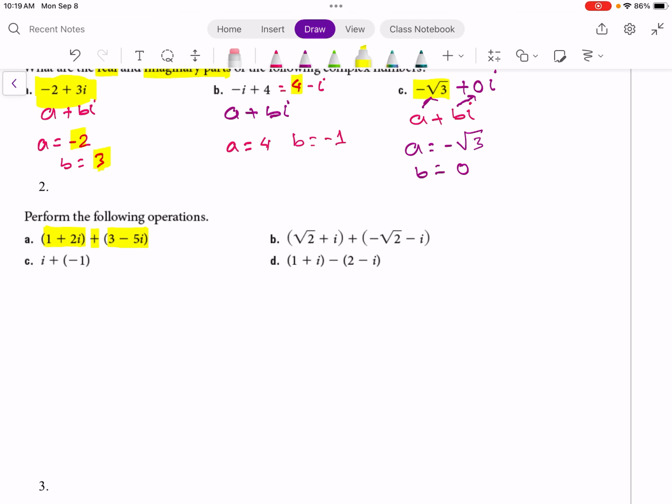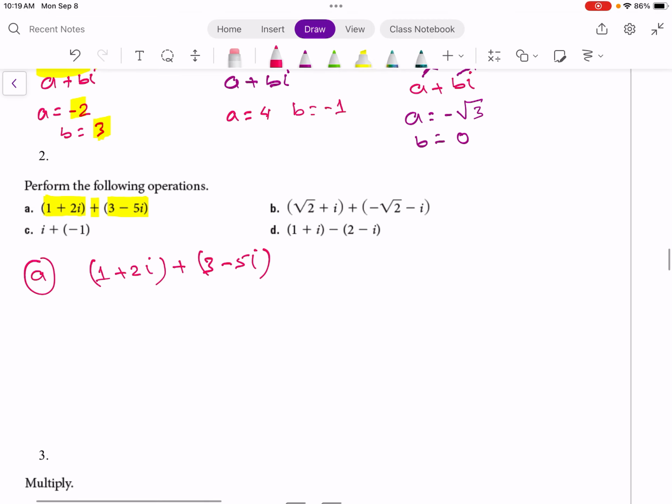Now let's see how we add complex numbers. We have 1 plus 2i, plus 3 minus 5i. Let's get rid of parentheses first. We can rewrite this as 1 plus 2i plus 3 minus 5i. It is the same, right?